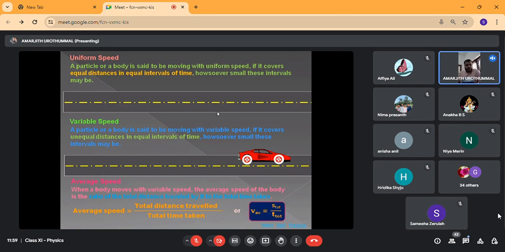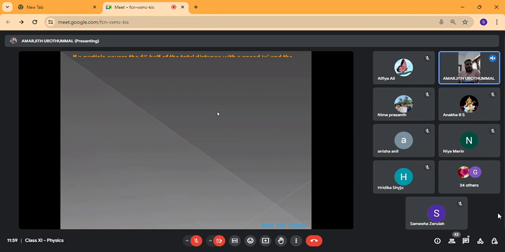To find average speed, we have different equations in different cases. One or two I will say here. When we are doing numericals, if a particle covers the first half of the total distance with a speed a and the second half with the speed b, then the average speed will be 2ab divided by a plus b.